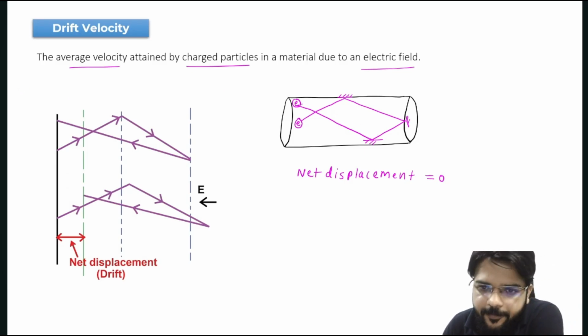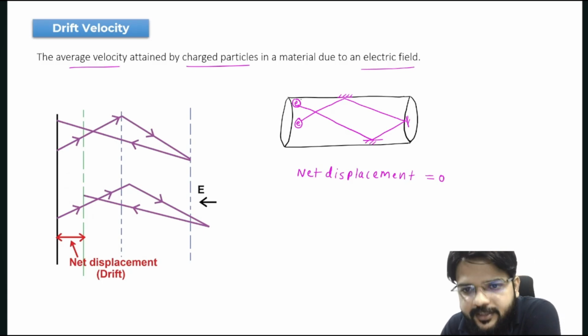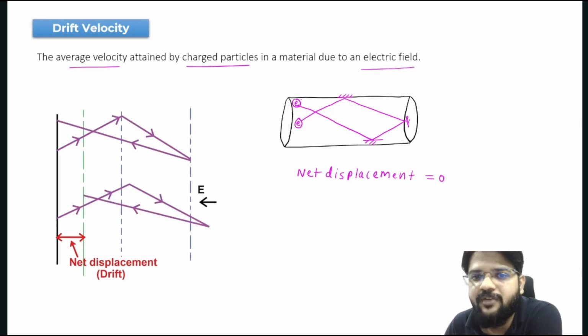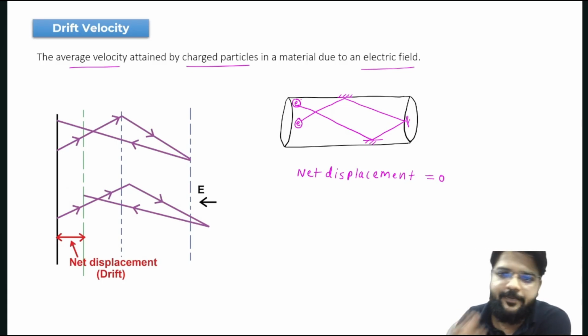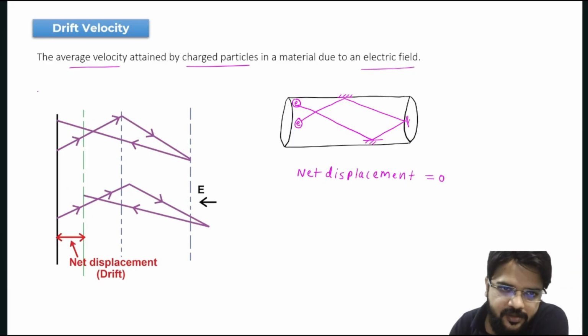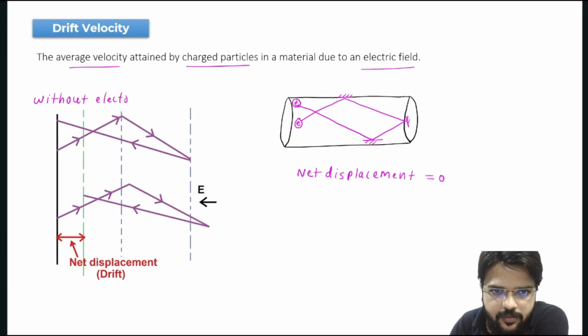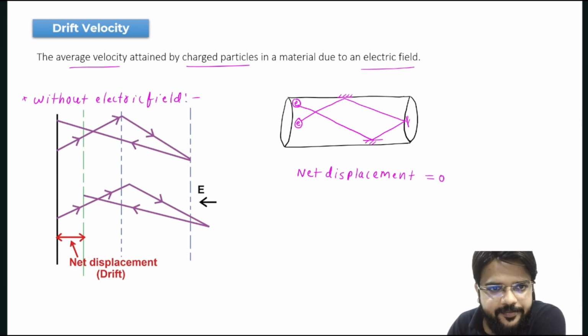When the wire is not connected with an electric field, we are not getting any displacement. Net displacement is zero, correct? Because the initial and final positions are the same. That's why it is happening. All right, so in the first case, without electric field. And in the second case, what is happening?